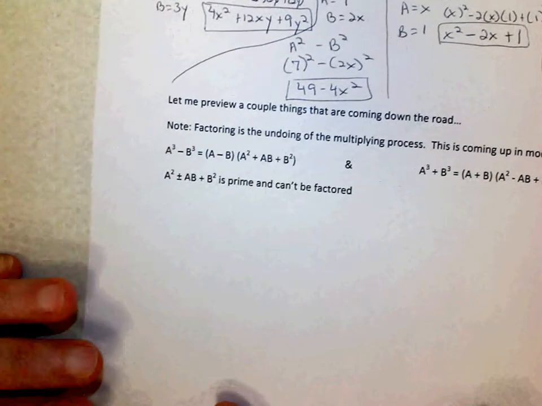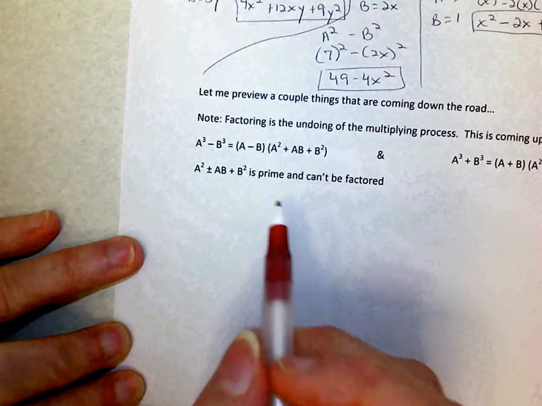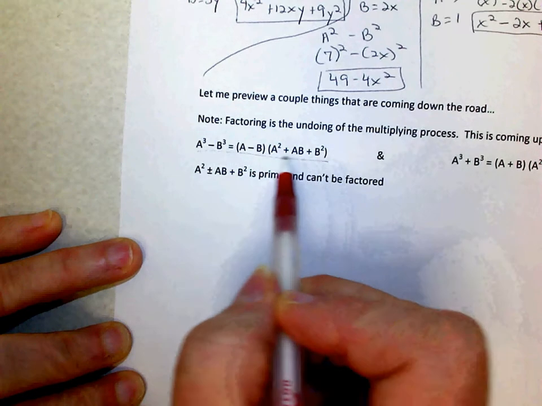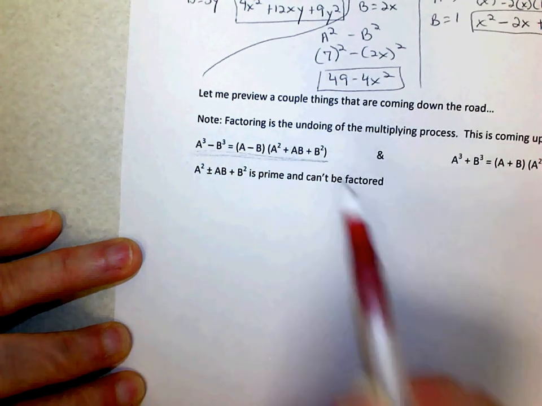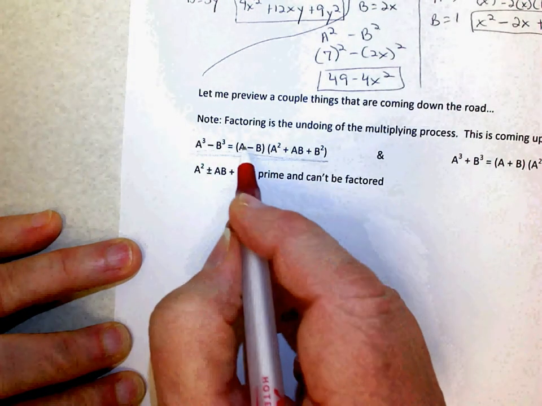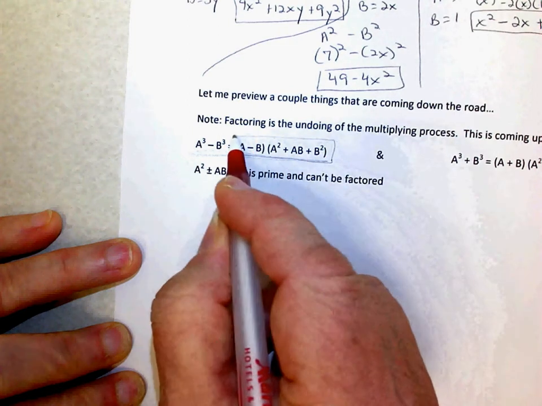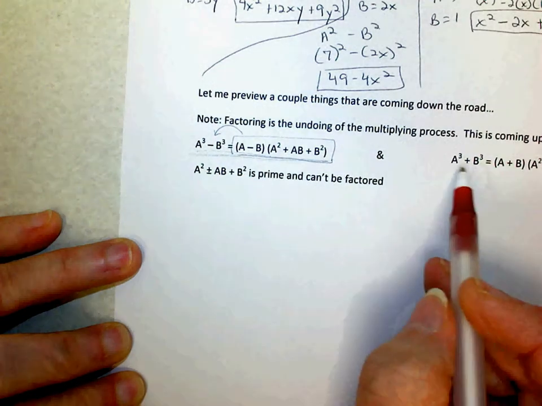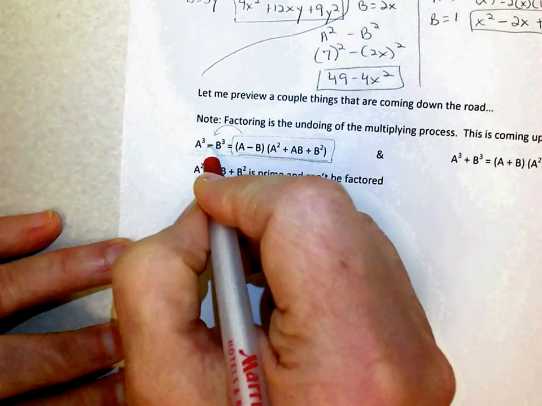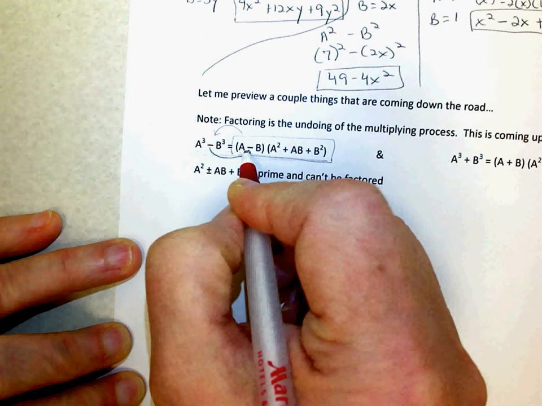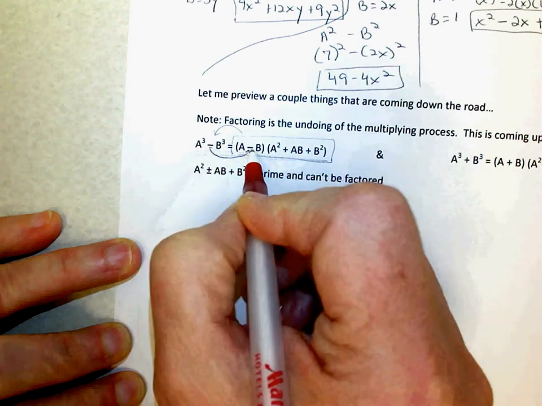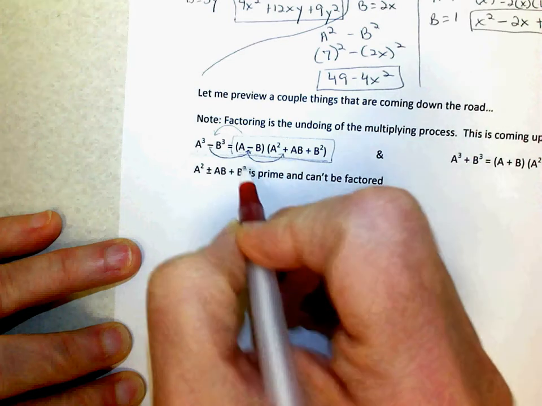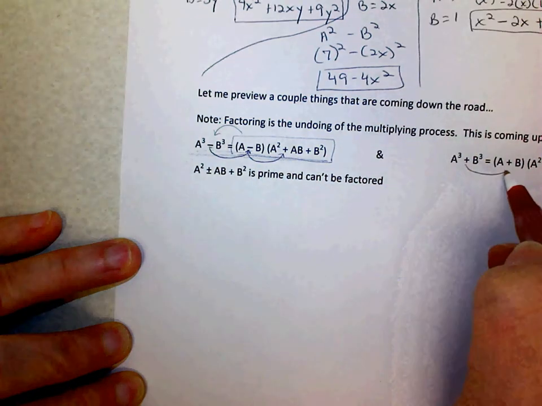Also, you get a new formula, and this has to do with factoring. I want to prove that if I multiply this out, I'm going to get this. And if you notice, these are the exact same things. Whatever this sign is, that sign is. Whatever that sign is, this one's the opposite. Same, opposite.